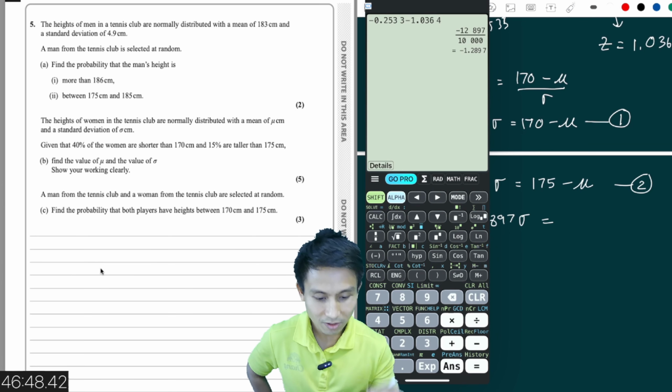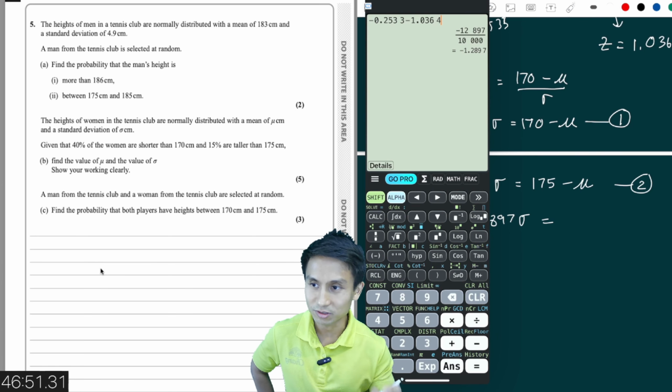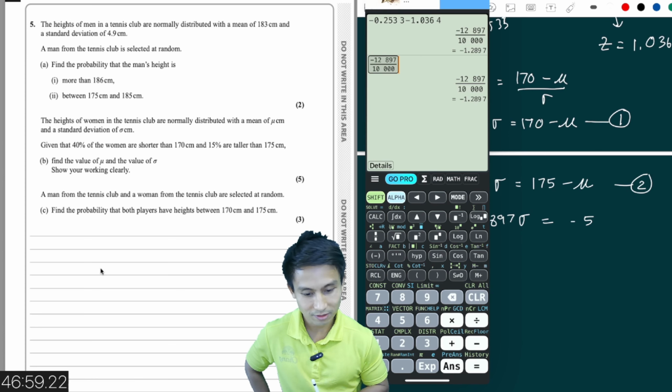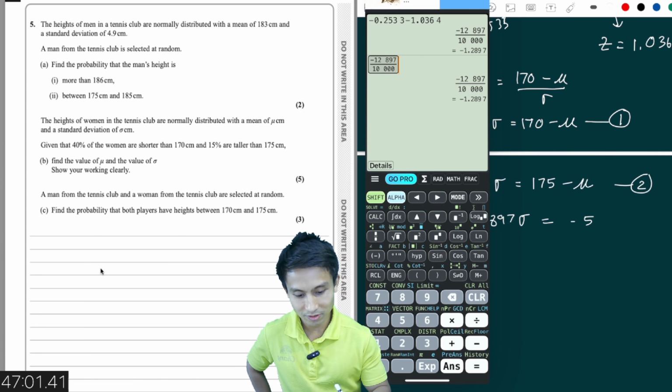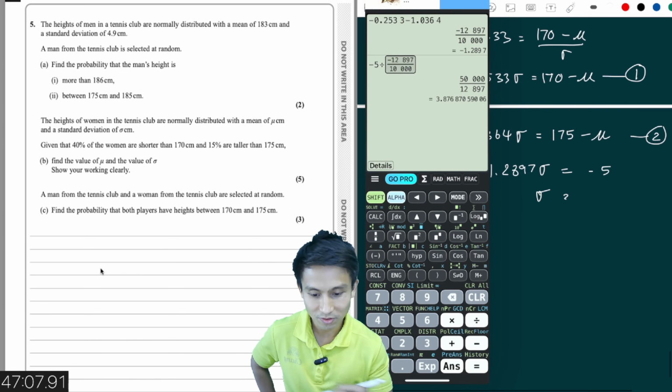We get 170 minus 175, so that's minus 5, right? And then we're going to divide, no, hang on, it should be minus 5 divided by the answer there, because we're going to make sigma the subject. So there you go.